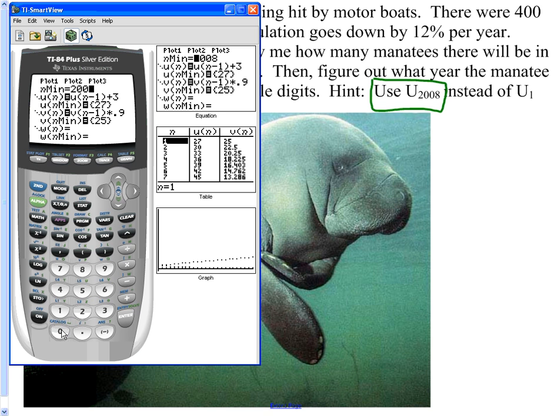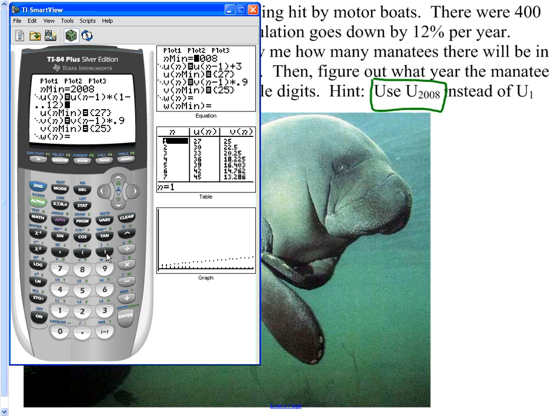Then go down, and it's decreasing every year. It's not going plus 3 like it was here. It's going multiply by, so go times, put this in your calc, please. This is going down by 12% every year, so I multiply by parentheses 1 minus 0.12.